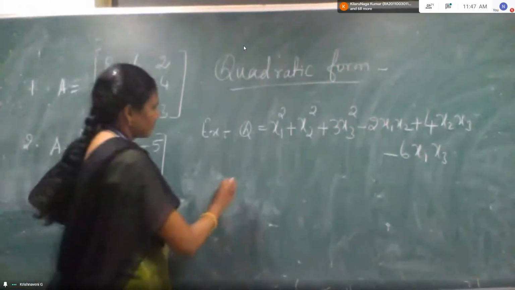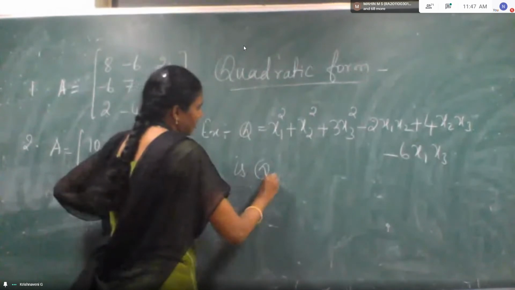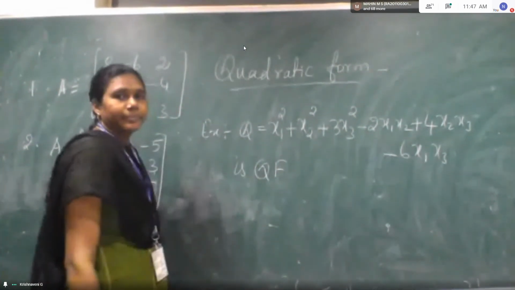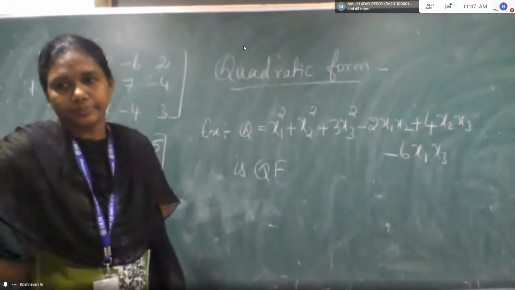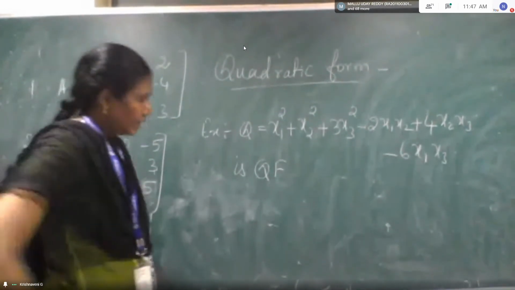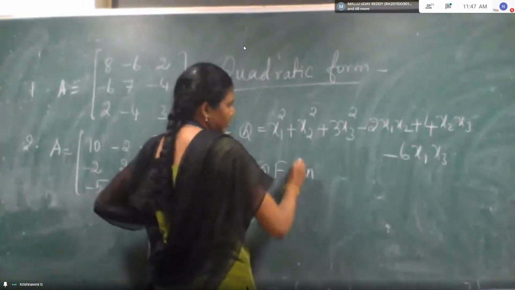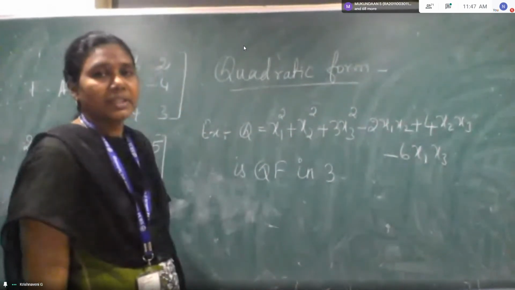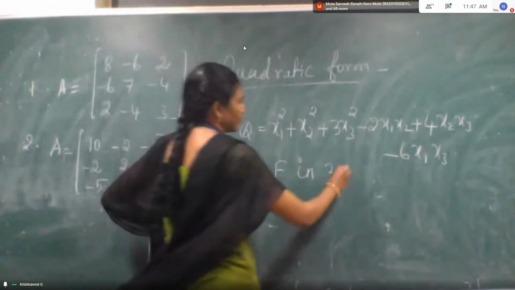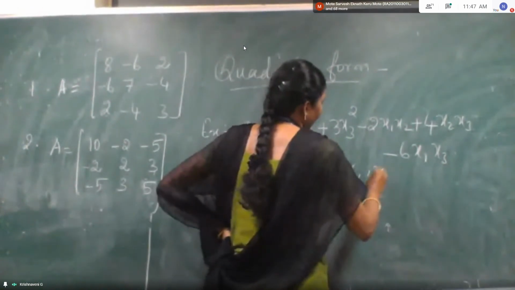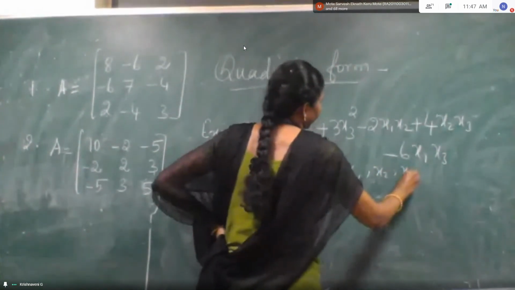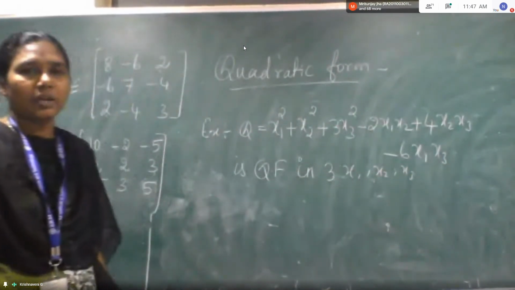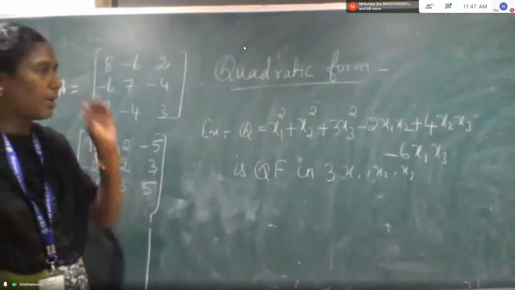This is a quadratic form in three unknowns x1, x2, x3.